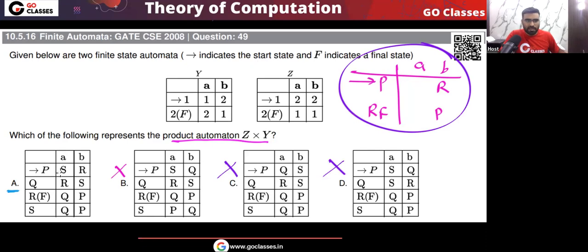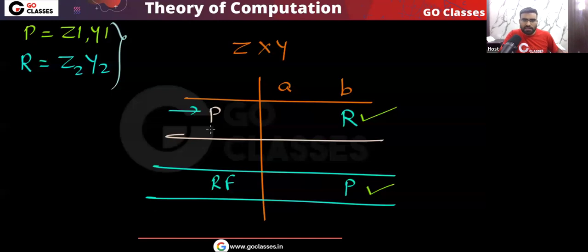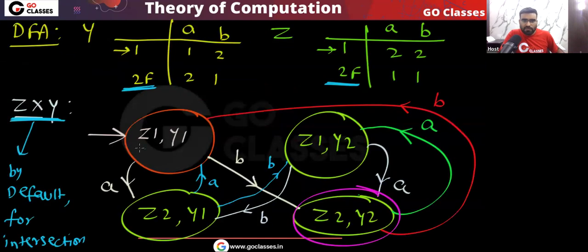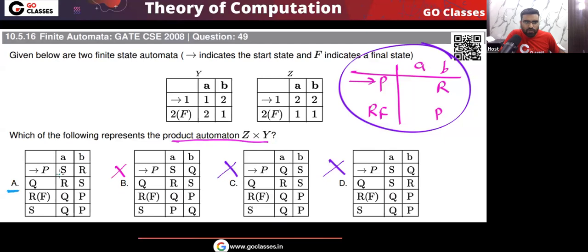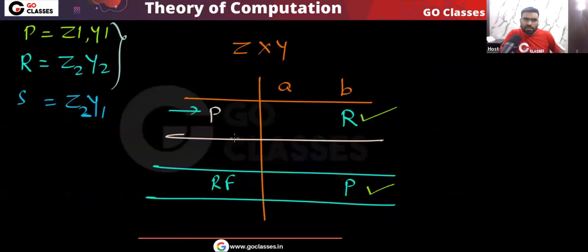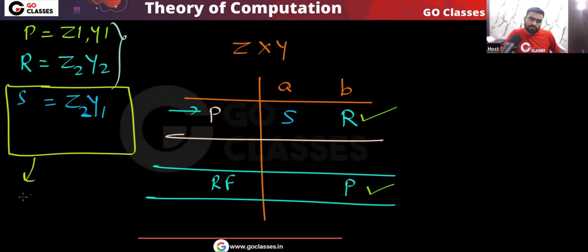Now let's fill it. Option A is saying that on A we are going to S. From P, from Z1, Y1, on A we are going to Z2, Y1. So according to option A, Z2, Y1 is S. Yes or no?